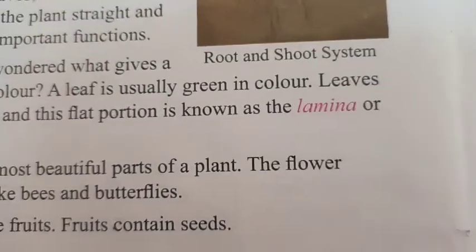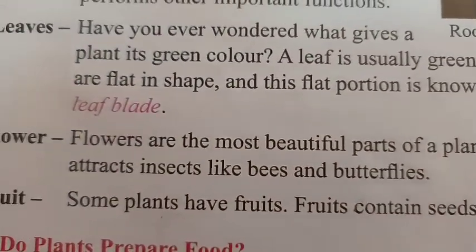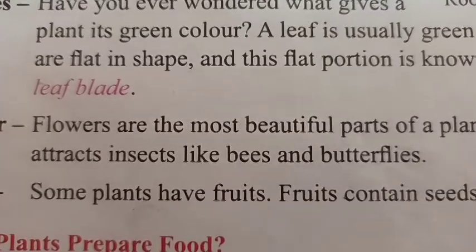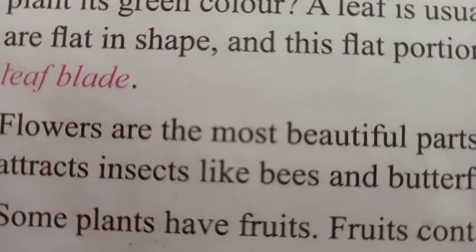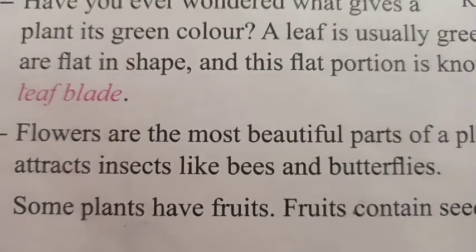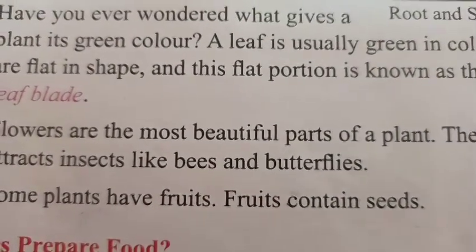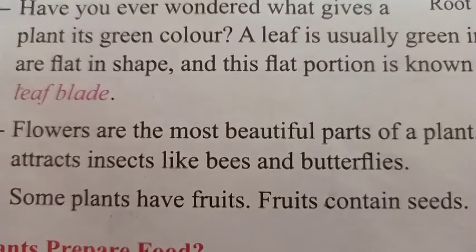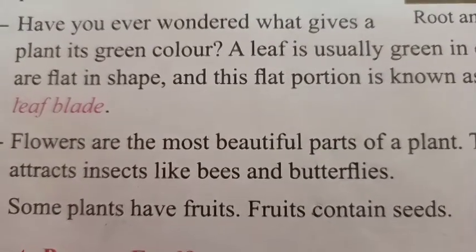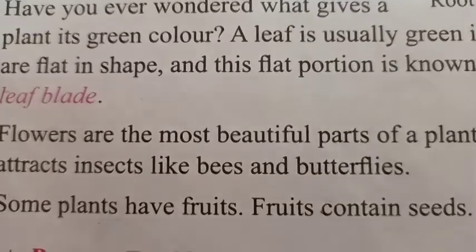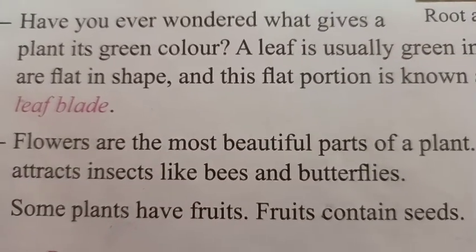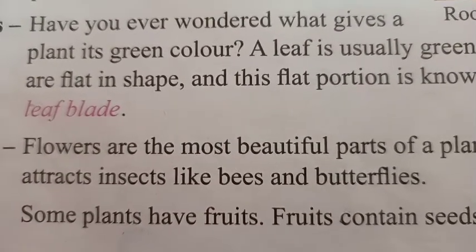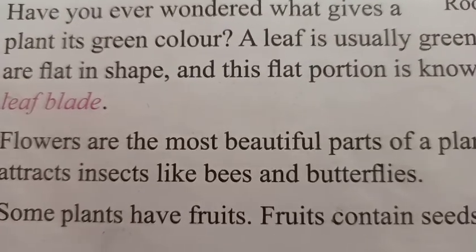And why are these flowers so attractive? To attract insects like butterflies or bees. For what are they attracting the insects? For the process of pollination. Children, in class 4 I taught you about pollination also.